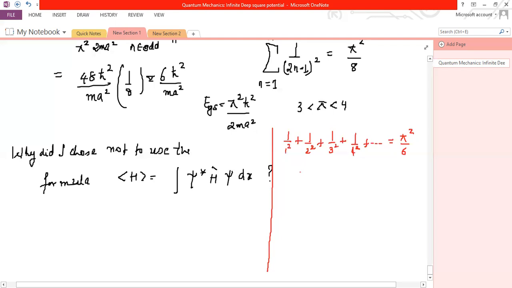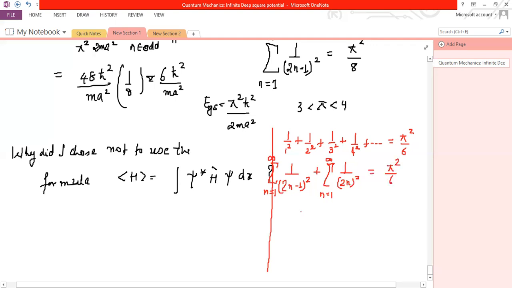So what I will do, I will simply write it as summation n equals 1 to infinity of 1 upon 2n minus 1 whole square, plus the remaining part, summation 1 upon 2n whole square. Clearly, it is 1 upon 2n: if I place n equals 1, this will be 1 upon 2 square; if I place n equals 2, this will be 1 upon 4 square, and so on. And here it is pi square upon 6.